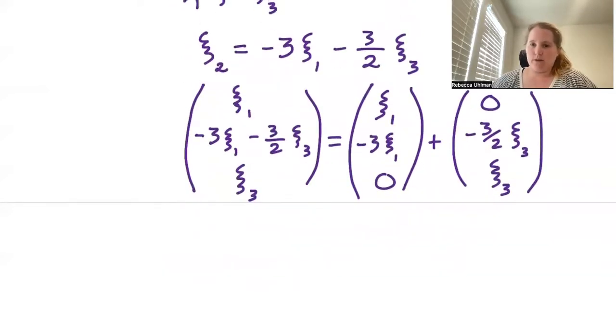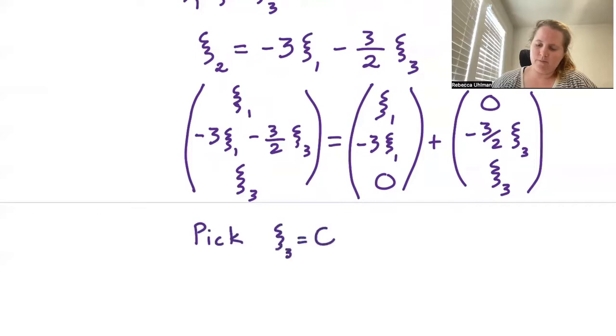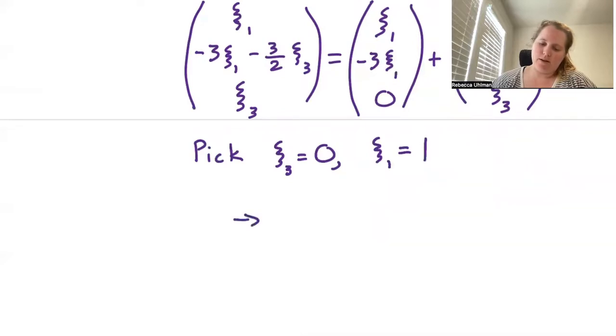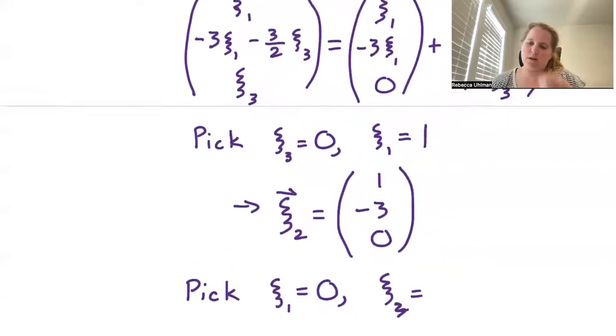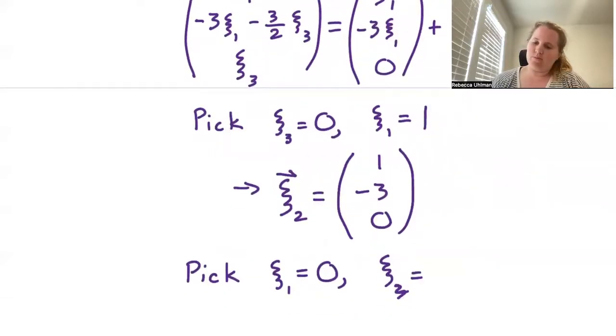So for this first vector, if we just pick psi3 to be 0 and psi1 to be 1, then I'm going to say our vector psi2 is just 1, negative 3, 0. If we pick psi1 to be 0, I'm going to pick my psi3 to actually be 2.